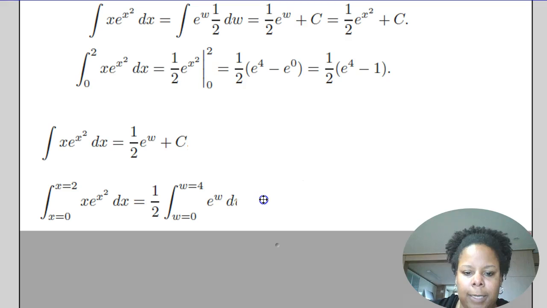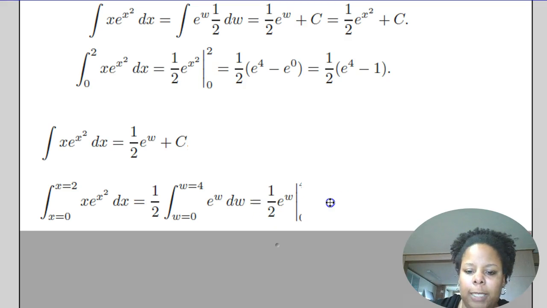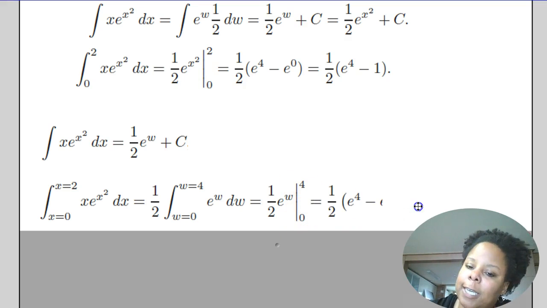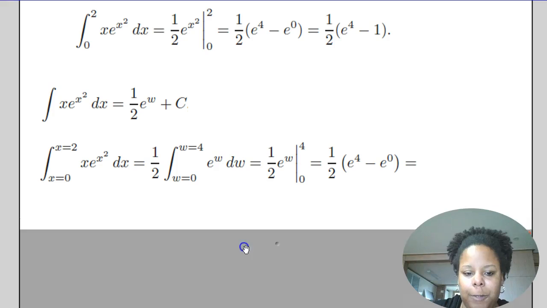So we really have this answer in terms of w, with limits of integration for w, and therefore you can skip having to ever go back to the x part and just leave it at this. Potato, potato, it's the same thing that we're doing, okay?